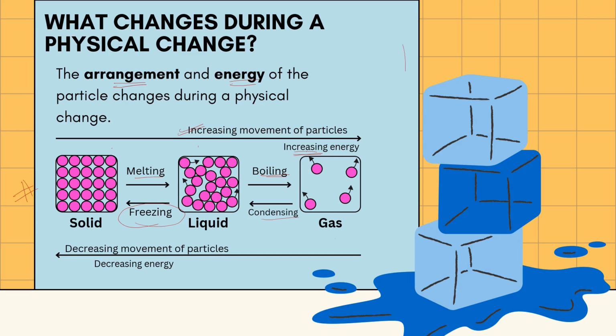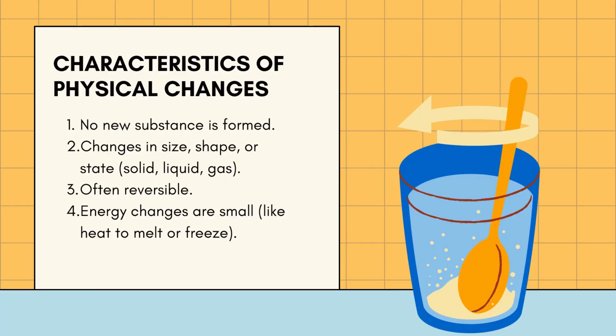So this diagram is a recall of your last lecture. Characteristics of physical changes. No new substance is formed. Changes in size, shape, or state occur. They're often reversible and energy changes are small, like heat to melt or freeze.